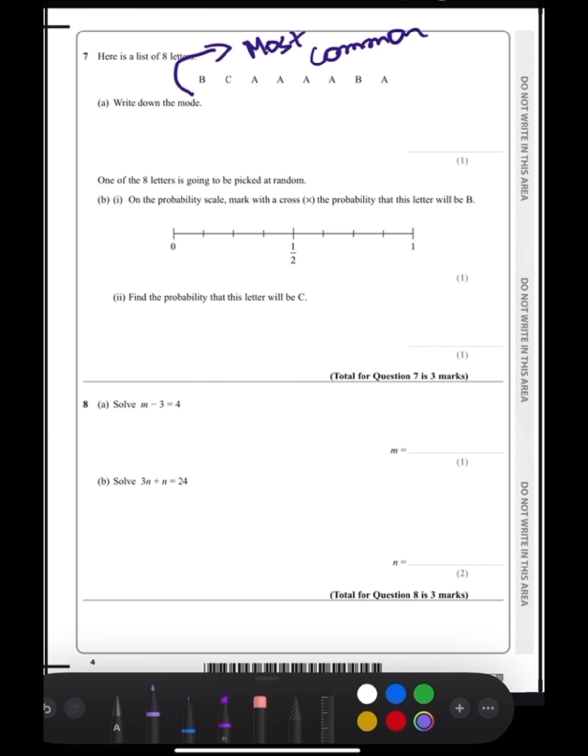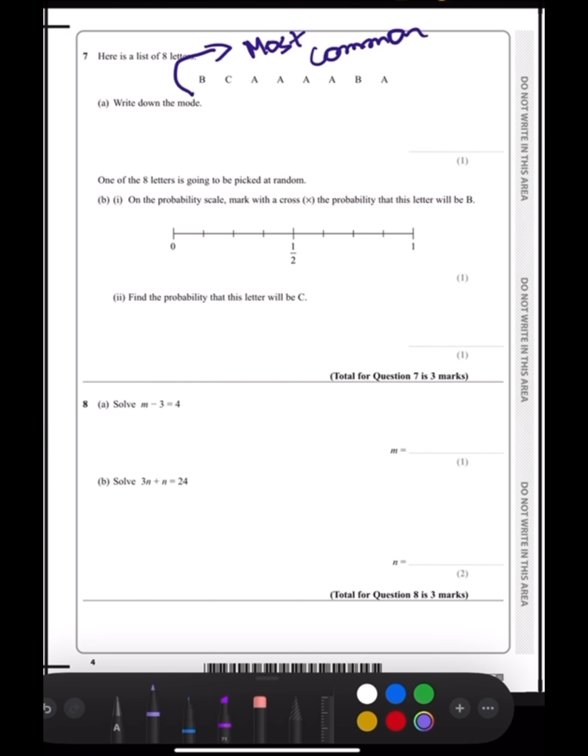By most common, they mean how many times that number or that alphabet has been repeated, and we have to write which one of these has been repeated the most in this whole line, and then we write down the alphabet or the number, and that is simply our answer to write down the mode.